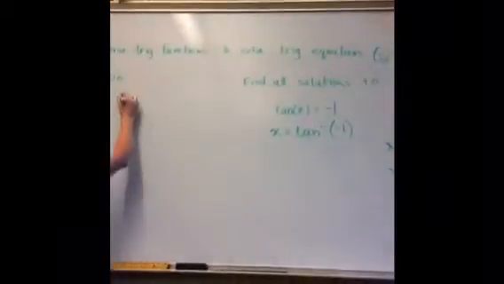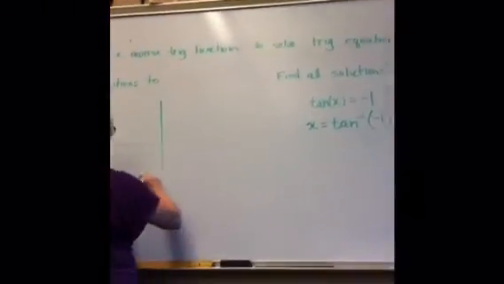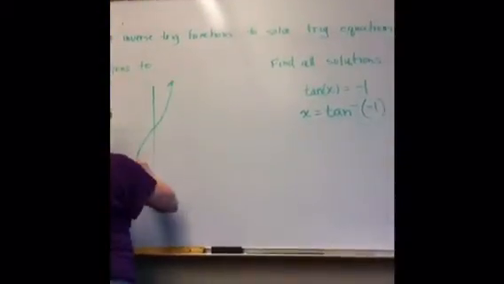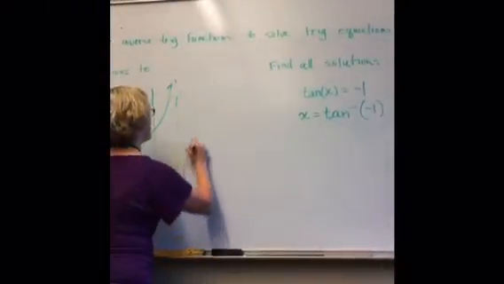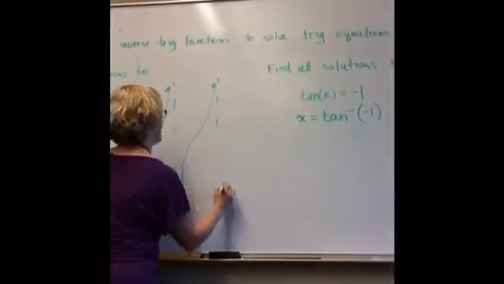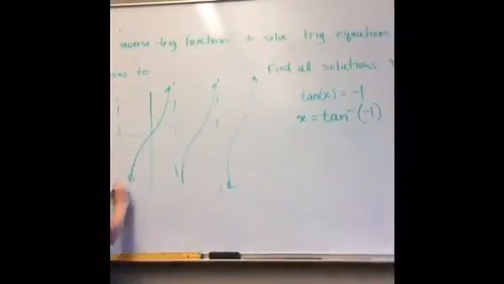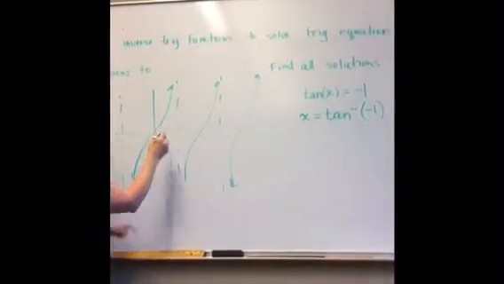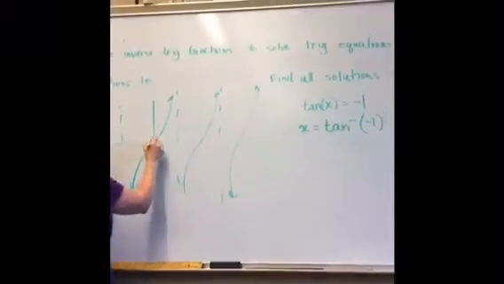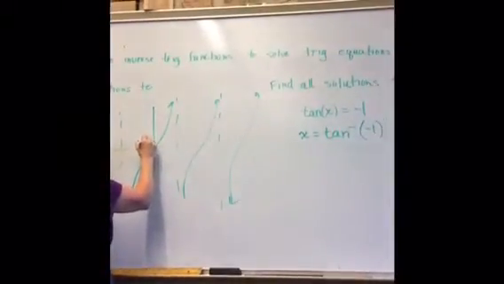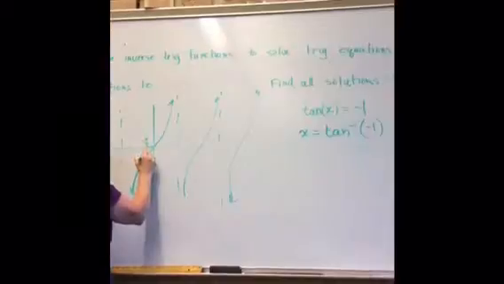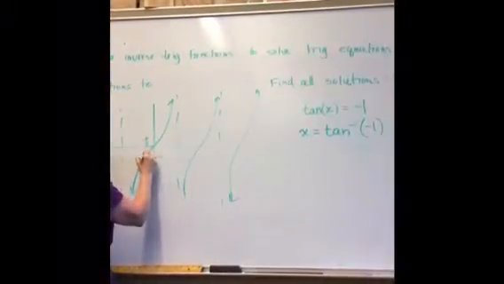I'm just going to look at the tangent like this. But there are two solutions, two different places. So the one that she originally gave me is at negative pi over 4. Here's negative pi over 4. We go down, and that's -1.